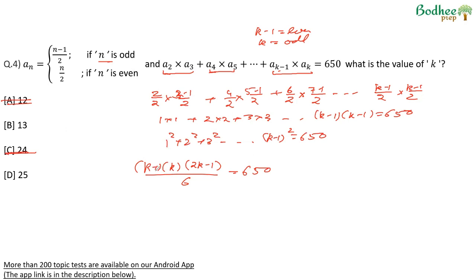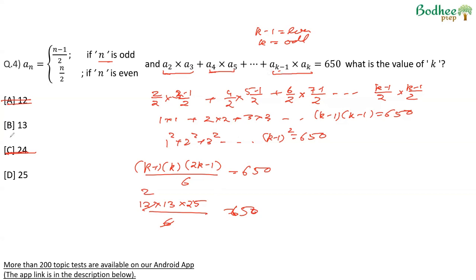Here what we'll do is we'll look at three numbers which have a cube. We'll do that separately. Now if you put k as 13, we get 12 into 13 into (26 minus 1), 25, by 6. 6 2s are 12, 2 into 25 is 50. This gives us 650. And therefore we can say that k is 13.